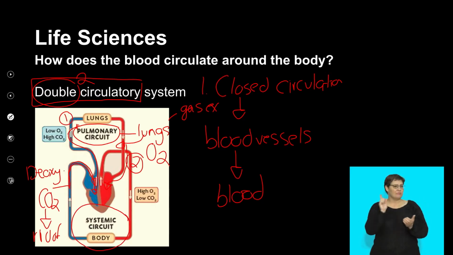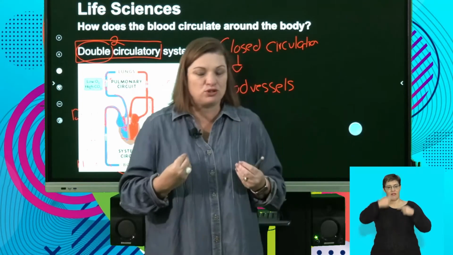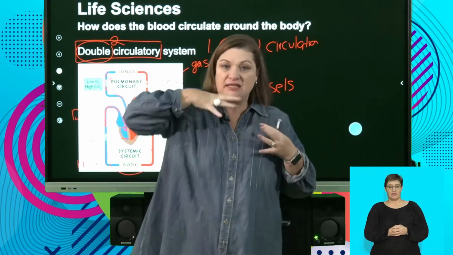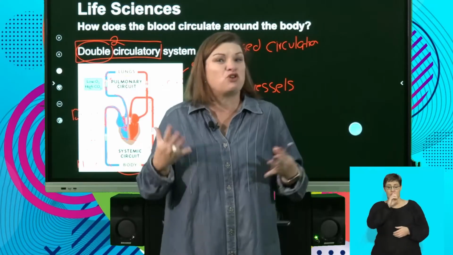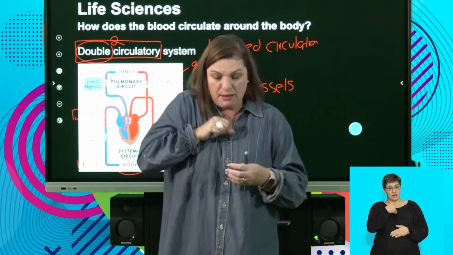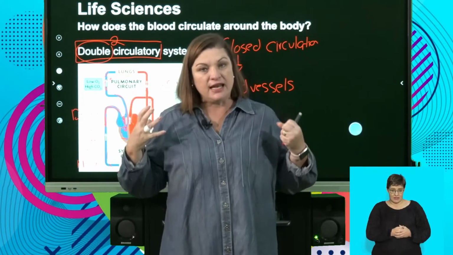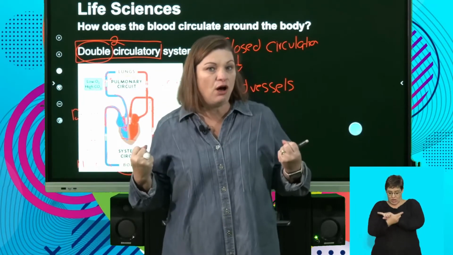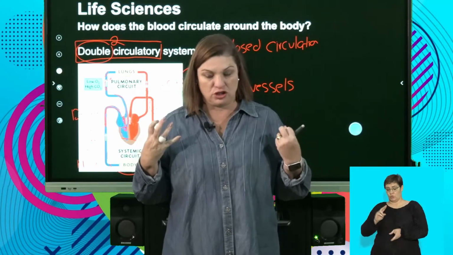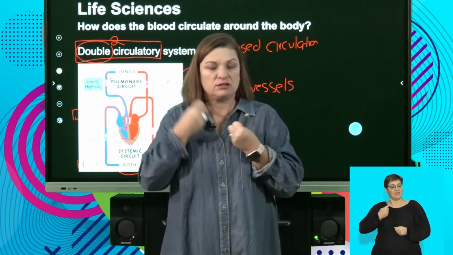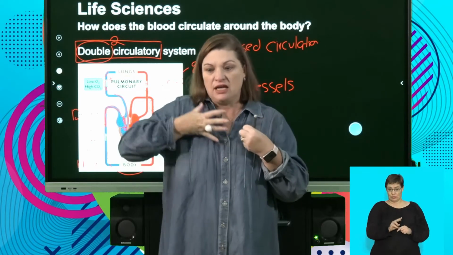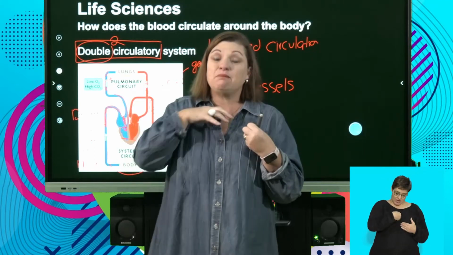So when we talk about a double circulation, the blood filled with wastes, carbon dioxide, comes to the heart, which pumps it to the lungs, changes the carbon dioxide for lovely fresh oxygen, and it goes back to the heart. Double means 2. So out from the heart, then back into the heart.